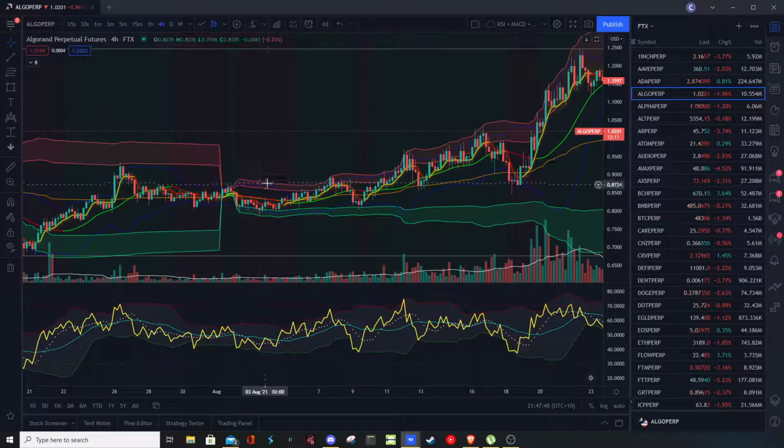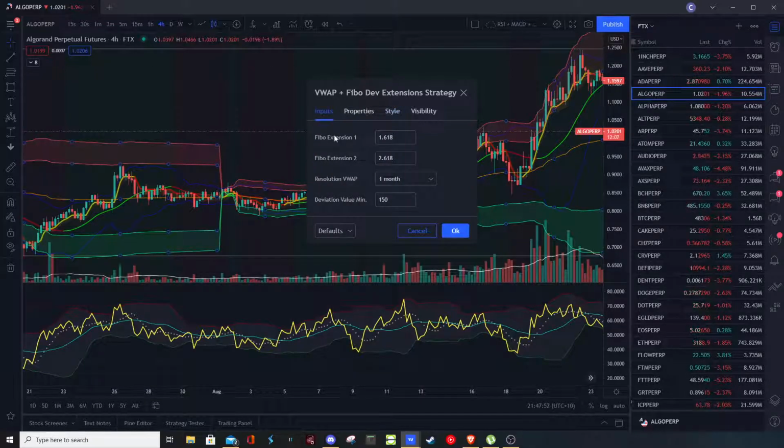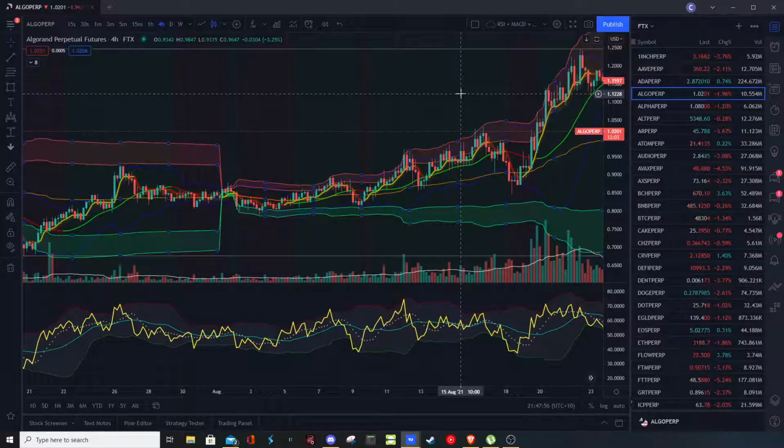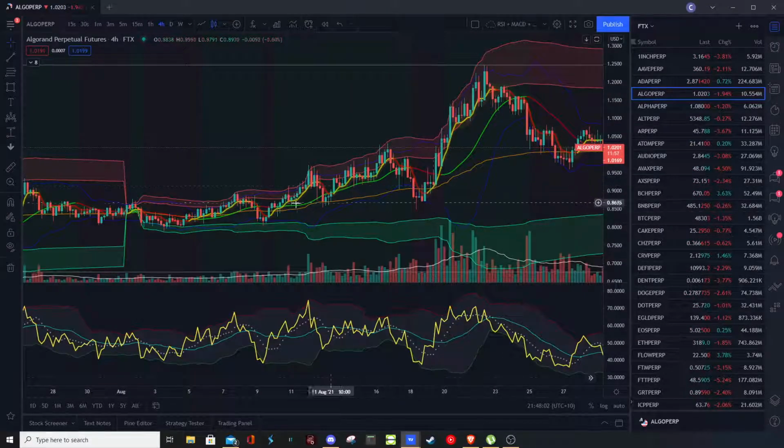And then the upper and lower bands, they're just deviations, to give you a visual view of how far prices deviated from VWAP, from where the average price should be.